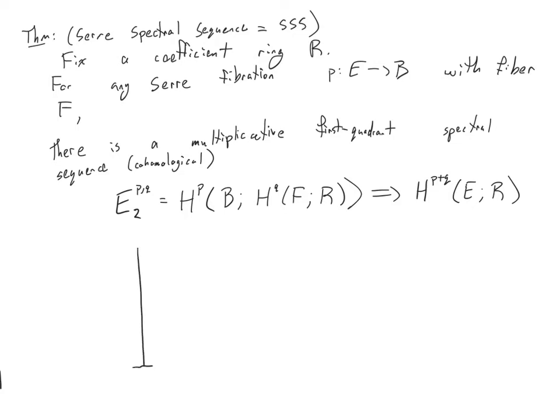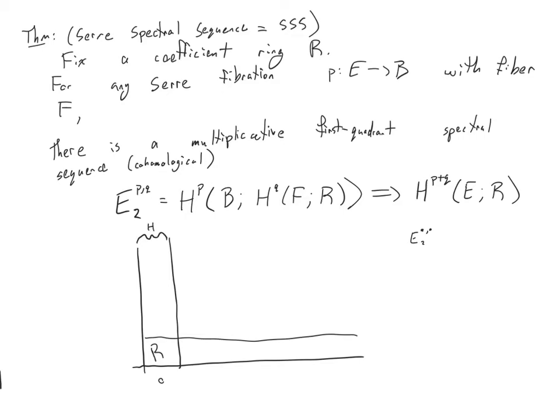It says that the E2 page has, if you assume the 0th guy is degree 0, it is R in each case. You've got R here, and then vertically this first column, I'm going to write this.